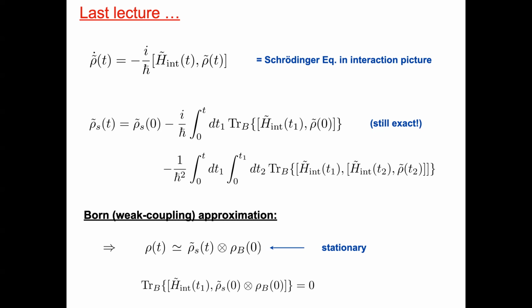In principle, we can continue this hierarchy, but we stopped after the second step. And again, this equation is still exact, but it doesn't help us a lot, because rho_S(t) is given by rho. Should actually be S here.